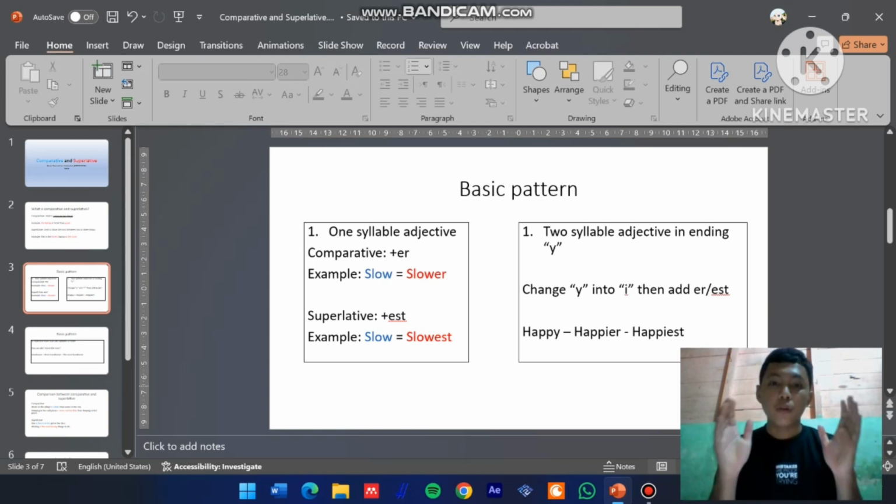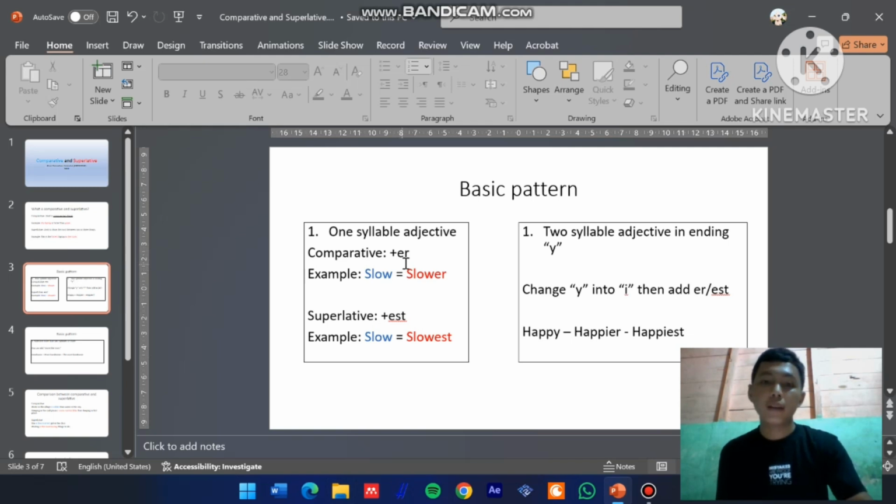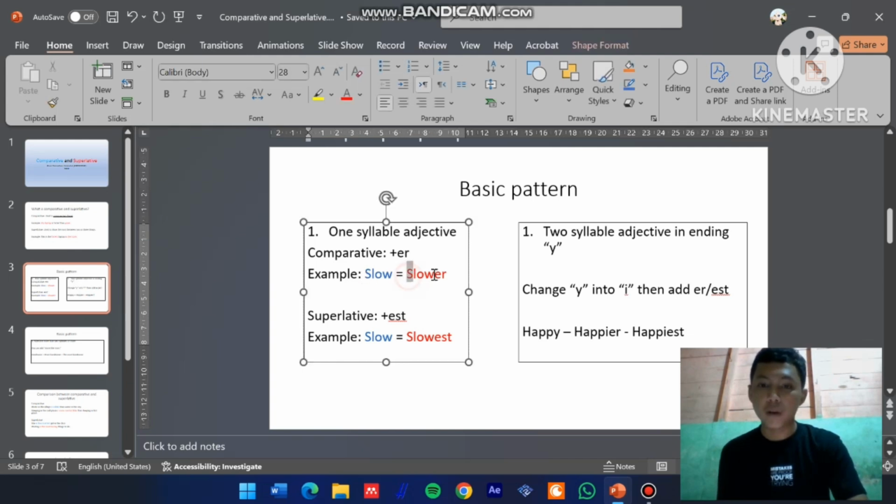So if you talk about one-syllable adjectives, for example, fast, slow, or others that you say with only one syllable, if we want to use comparative, we can add er. So in here we can see the example: slow becomes slower.